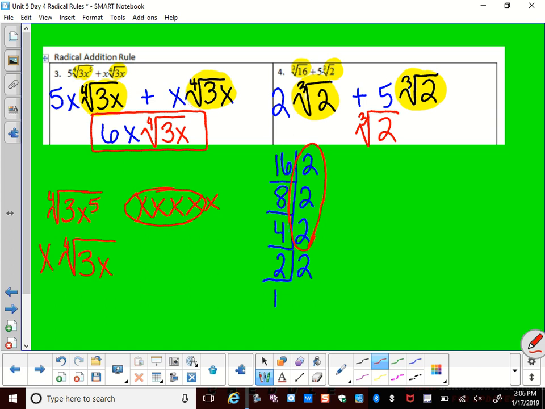And what's 2 plus 5? 7. You should get 7. That is your answer. Any questions on 3 and 4?